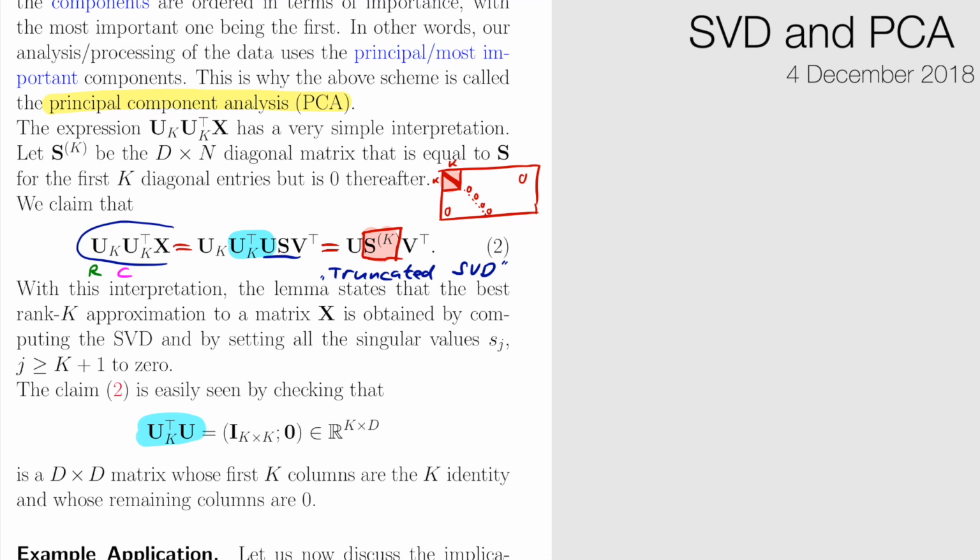Maybe let's write the S matrix in red. I hope this is clear, that this proves the second equation, which we wanted to prove: that this is equal to the truncated SVD. Now maybe that's more intuitive, because now we understand the connection to SVD: it is SVD, but after k you stop.